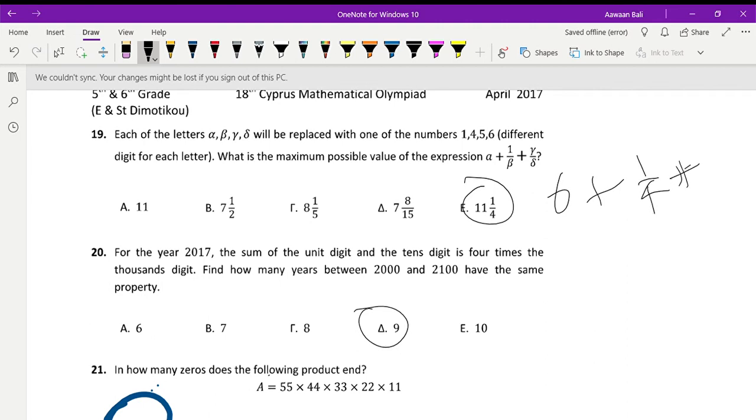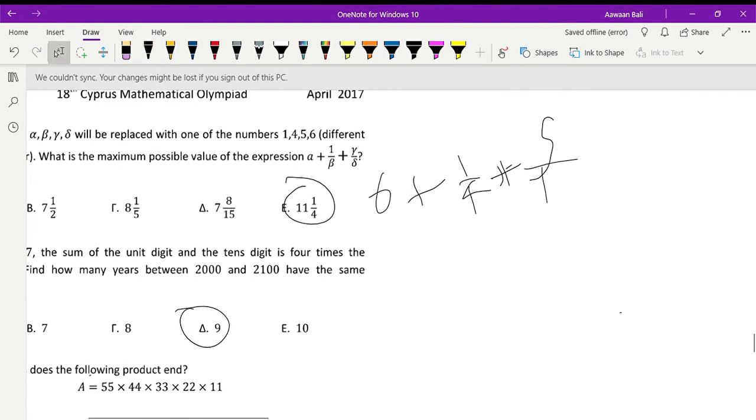But 1 upon 4 is the smallest number here, but actually it's not the smallest, it's the most perfect one, because then we can just put the 1 as delta here and put the 5 here, and you get 11 1 upon 4.